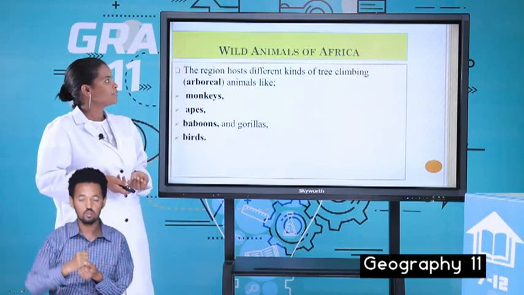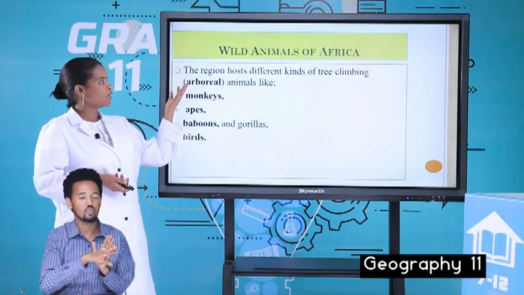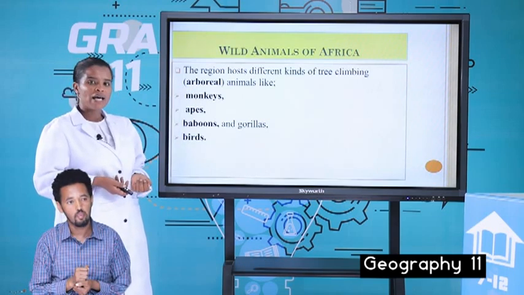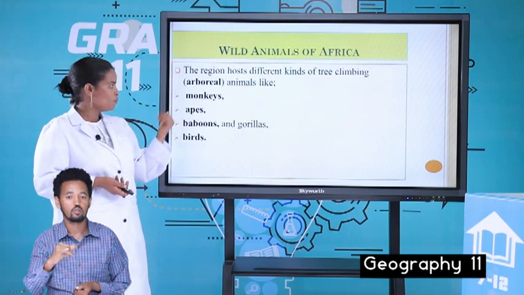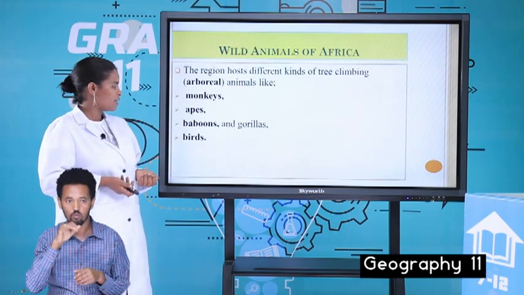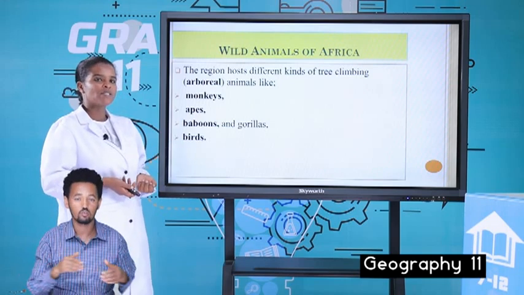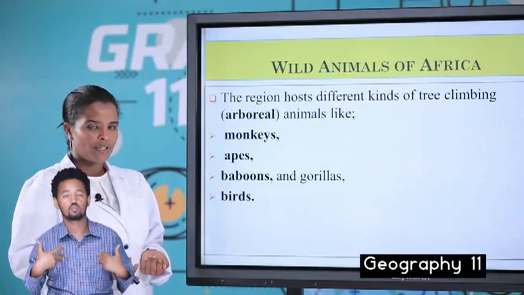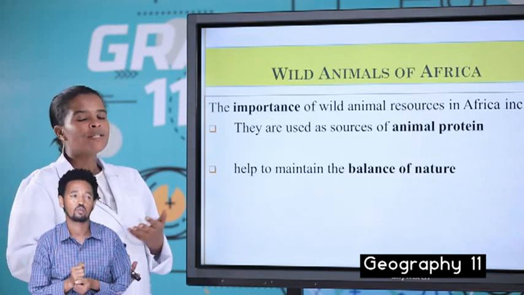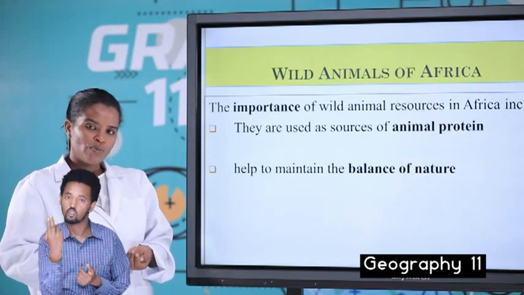The region hosts different kinds of tree-climbing animals, known as arboreal animals, like monkeys, apes, baboons, and gorillas. Birds and aquatic animals are also mostly found in Africa. What is the use of wild animals of Africa?